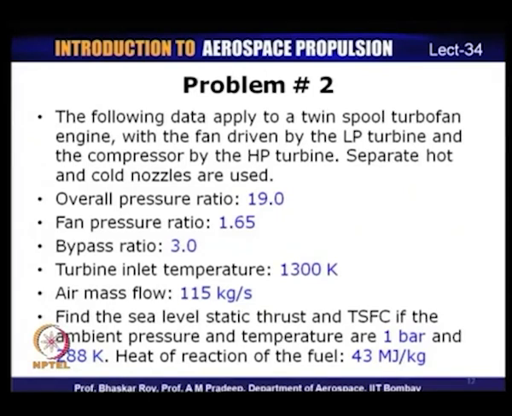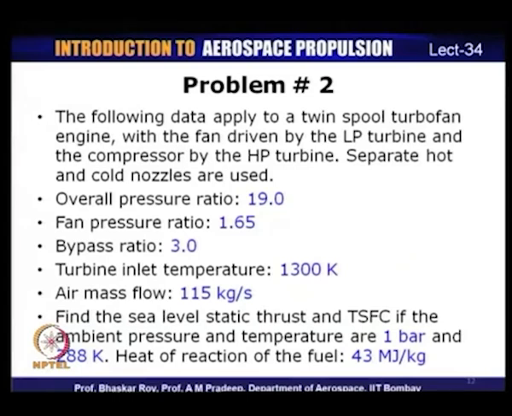And so, we have thrust components because of the core nozzle as well as the bypass nozzle. Some of the parameters of the engine, which are the overall pressure ratio, fan pressure ratio, bypass ratio, the mass flow rate and turbine inlet temperature, have been specified.